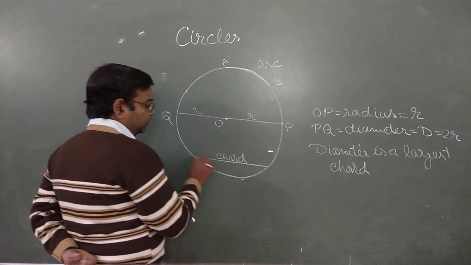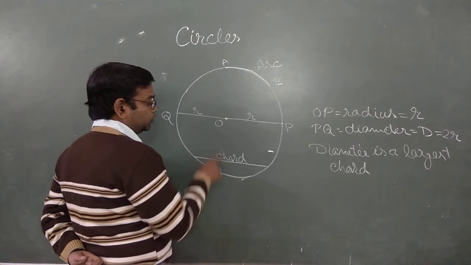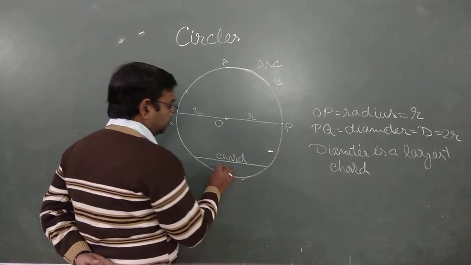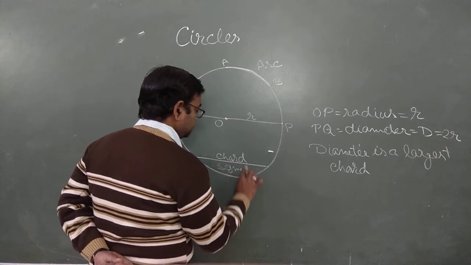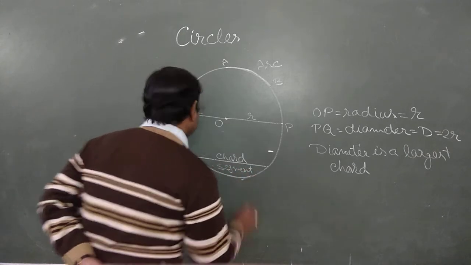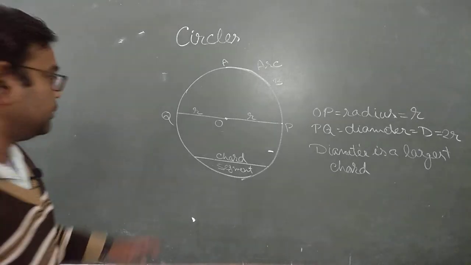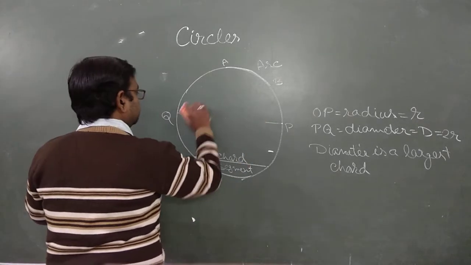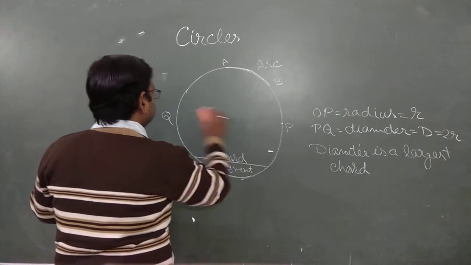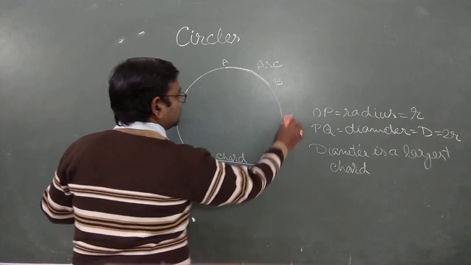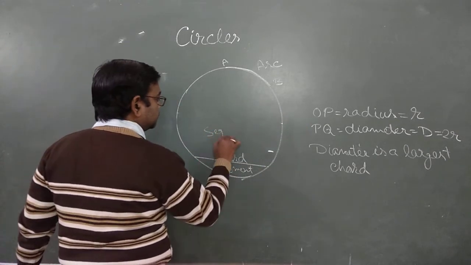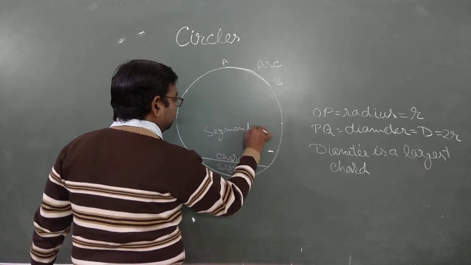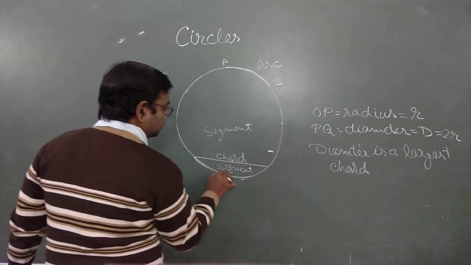If a chord divides the circle into two parts, then each part is known as a segment. Let me rub this part. You already understand. Now this part or this part, both parts are known as segments. This is also your arc.